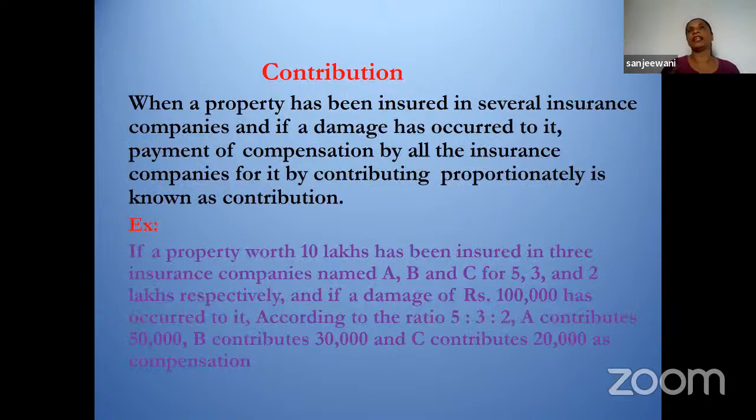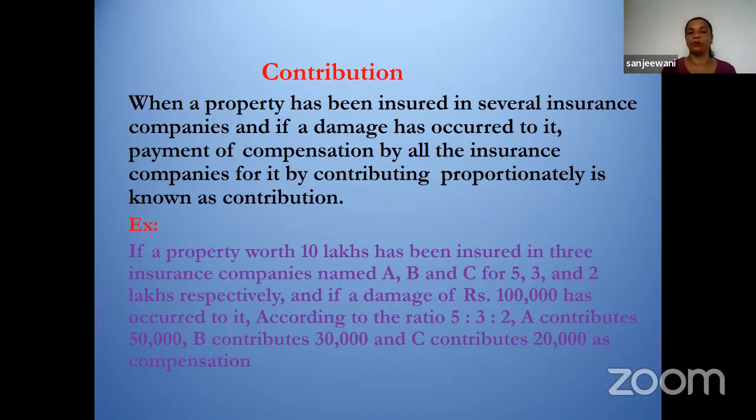Contribution is where I have a property or a vehicle, and I have insured it in insurance company A, company B, and company C. If the damage occurs, say the damage is 15,000, how will I get the compensation? 15,000 separately from A, or from B and C? No. They will contribute and give me the 15,000.